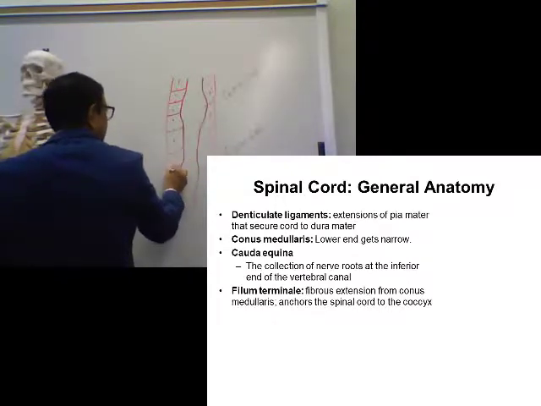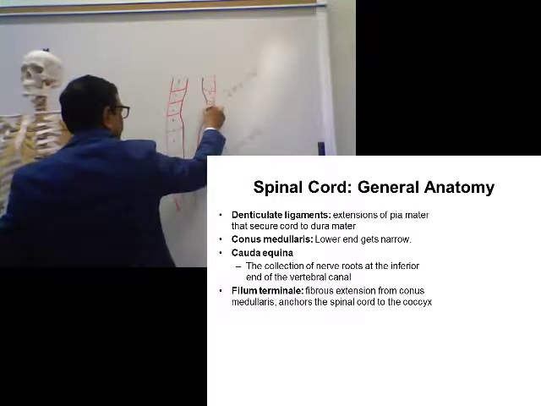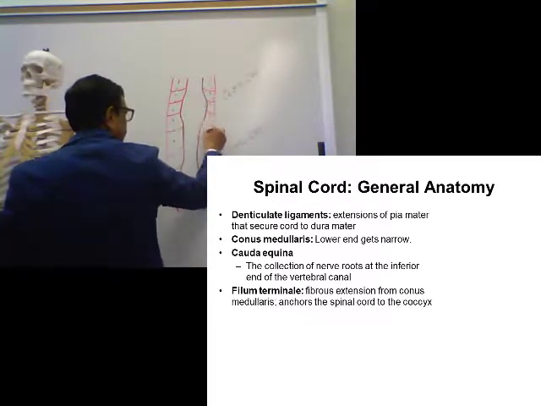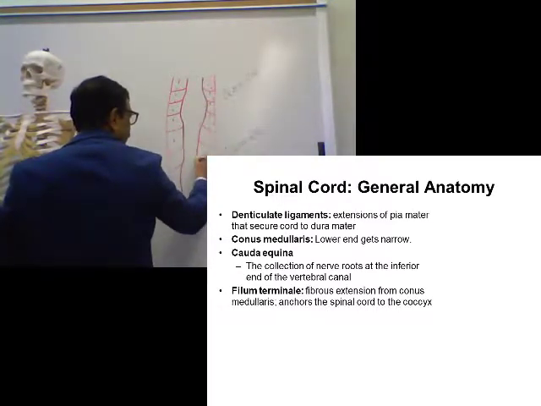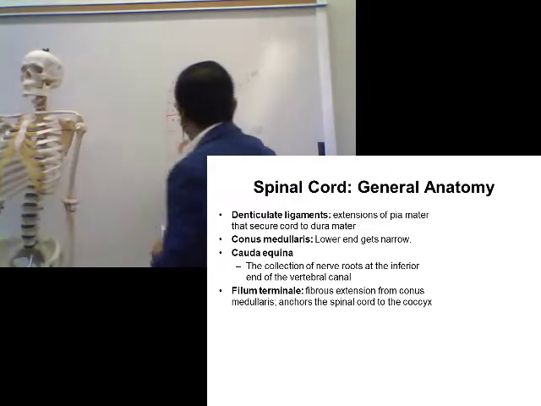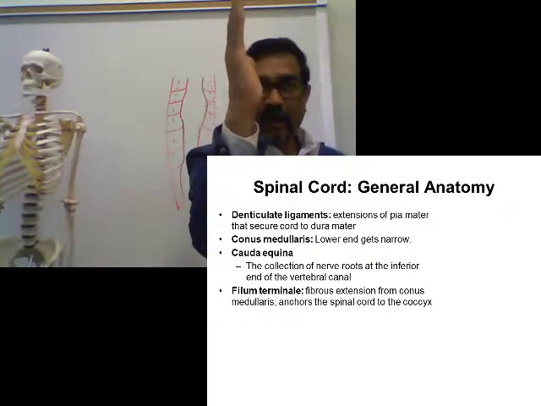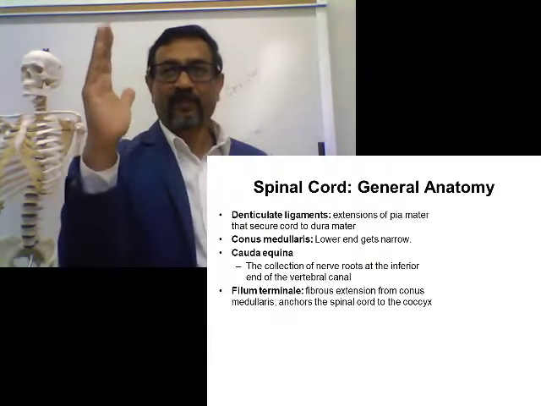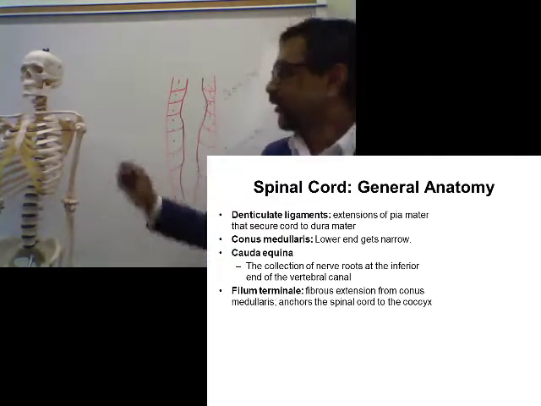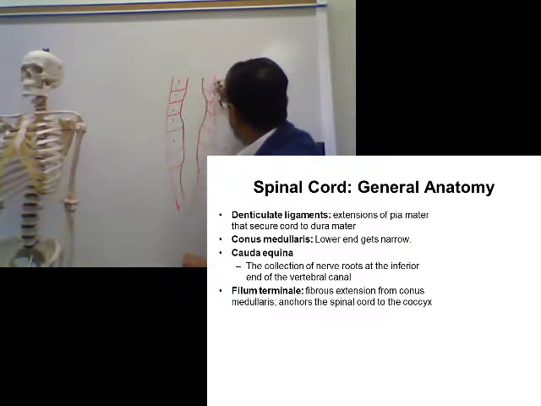So from the pia, ligaments arise and get attached to the dura mater, passing through the arachnoid. Okay, and these are called denticulate ligaments, to keep the spinal cord stable inside the vertebral column.